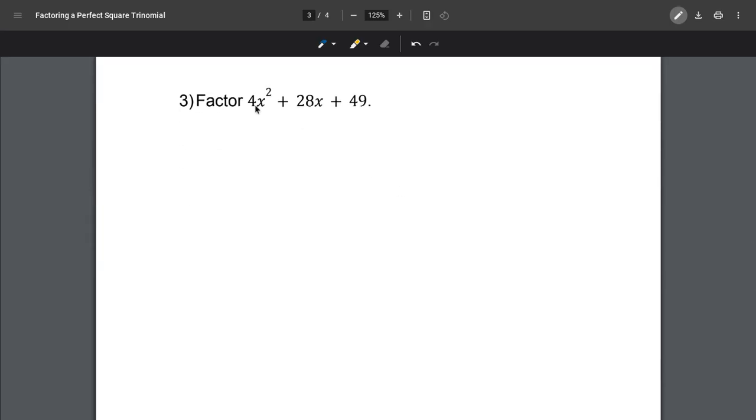All right, in this one we have a coefficient that's greater than 1 in front of x squared. So we're factoring 4x squared plus 28x plus 49. So let's check that this is a perfect square trinomial. The square root of 4x squared is 2x. So this would be 2x times 2x. We have a plus here. So the square root of 49 is 7 times 7 because we have the plus.